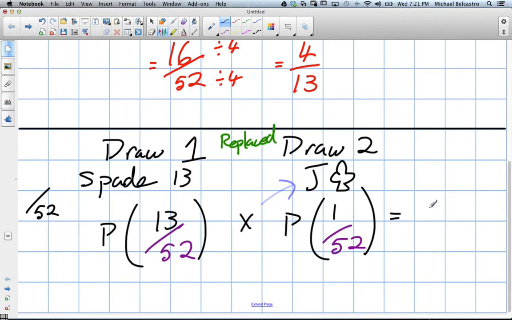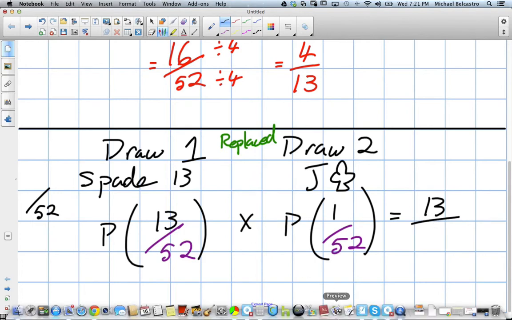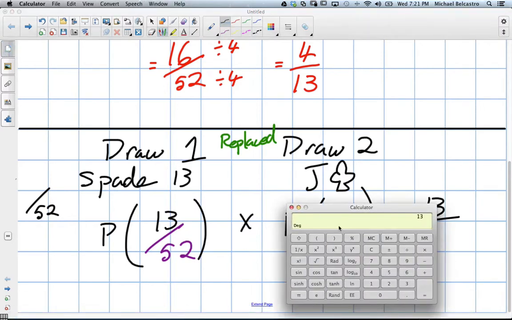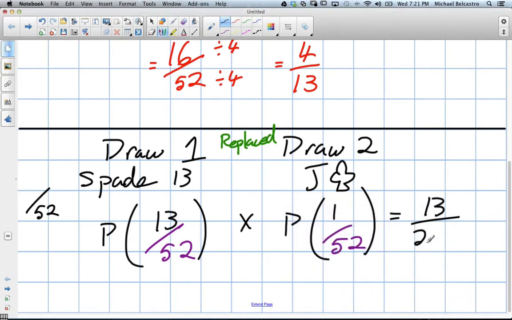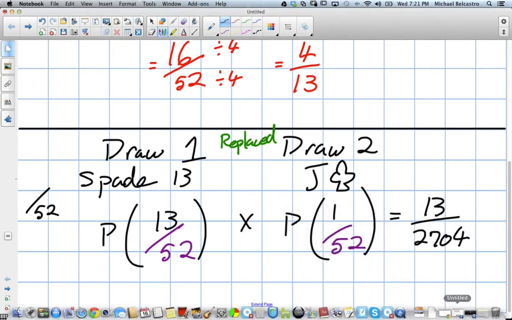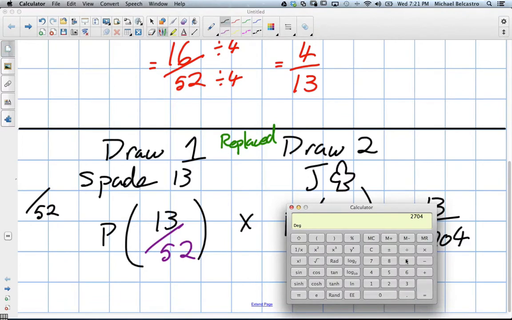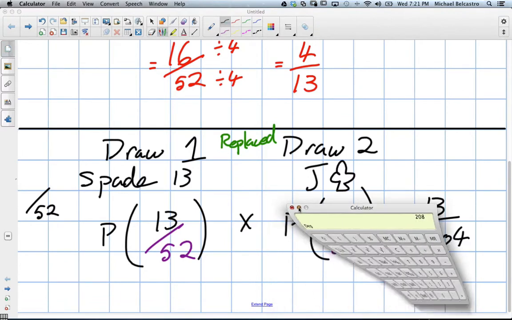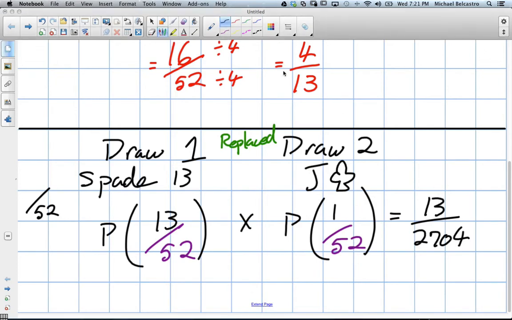And the two of them together, do you recall multiplying fractions? 13 by 1 will give us our 13, okay? And 52 by 52 is going to be a very large number. 52 squared, 2,704. And I think we can actually divide that by 13. So let's see. 208. So we can reduce this fraction. It's an awkward looking fraction.